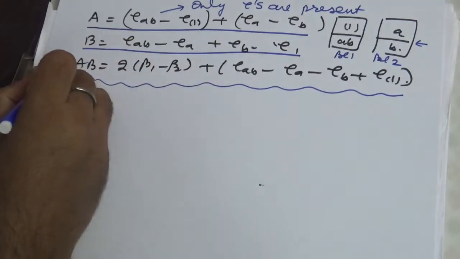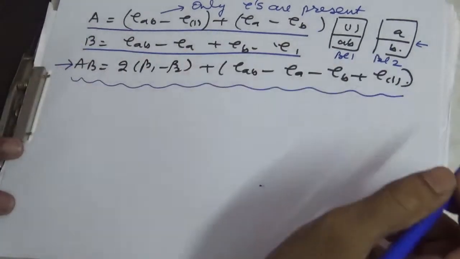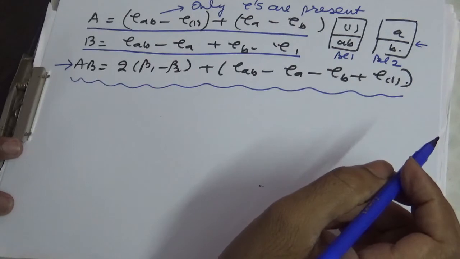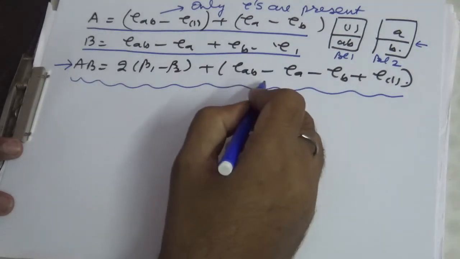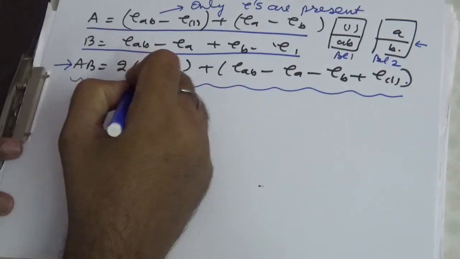But when you are trying to estimate AB, this is not only a function of tau A, tau B, tau 1 and tau AB, but it is also a function of beta 1 and beta 2.